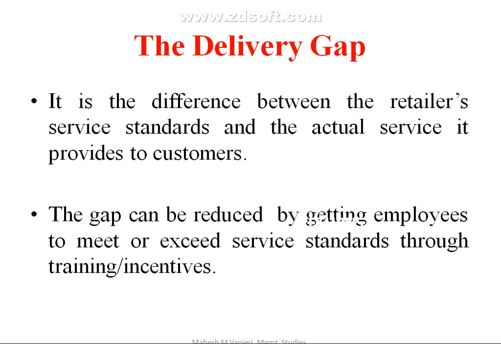A couple of times it has happened that when I go in the evening, he says, it is not done today, come tomorrow. What is the standard delivery time with my laundry fellow? 8 hours, 9 to 5. Sometimes he says it is not done today. So there is a delivery gap. The standard is 8 hours and he delivered it after 16 hours or 24 hours. So that we call a delivery gap.